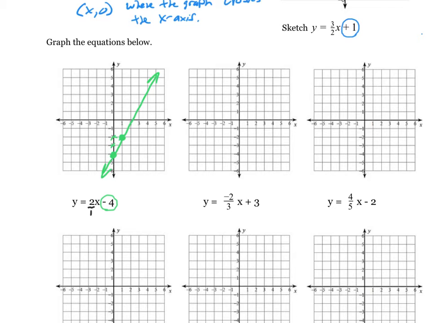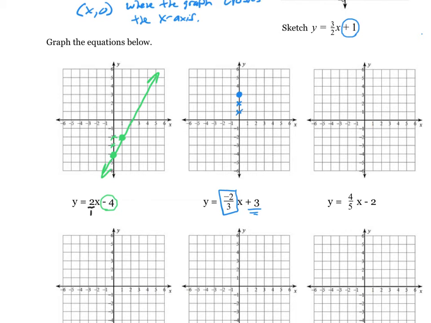Moving on to the next example. The slope is already a fraction right there, so I don't have to do anything with that. And of course, I'll start with the y-intercept, which is a positive 3. Now, notice this time that the slope is negative. When the slope is negative, that means instead of counting up 2 for that top number, I'm going to count down 2 from the y-intercept.